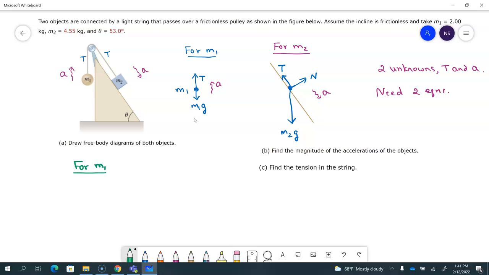for M1, if I use Newton's second law, net force is mass times acceleration, and since the motion is completely in the vertical direction, I'll say in the y direction. And net force in the y, remember the direction of the acceleration is the positive direction in this chapter, so we'll write this as T minus m1 times g is equal to m1 times a.